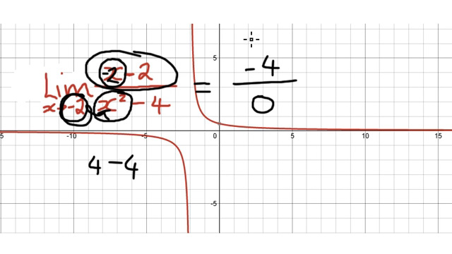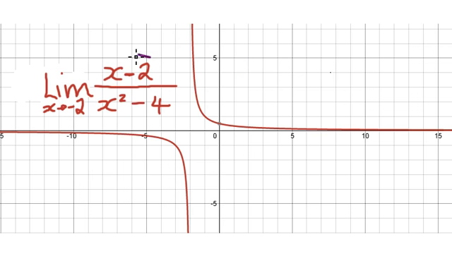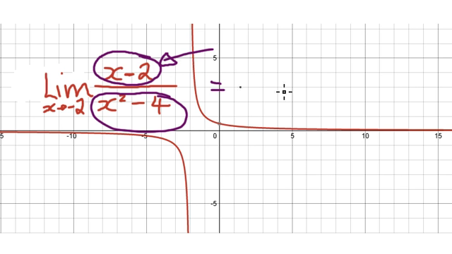Here this is one function and this is another function. The limit of the top is -4, which is a limit other than 0.